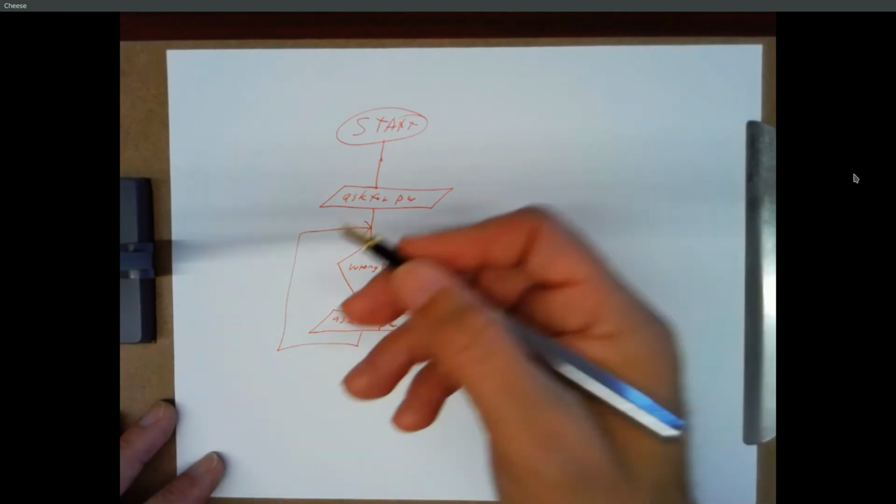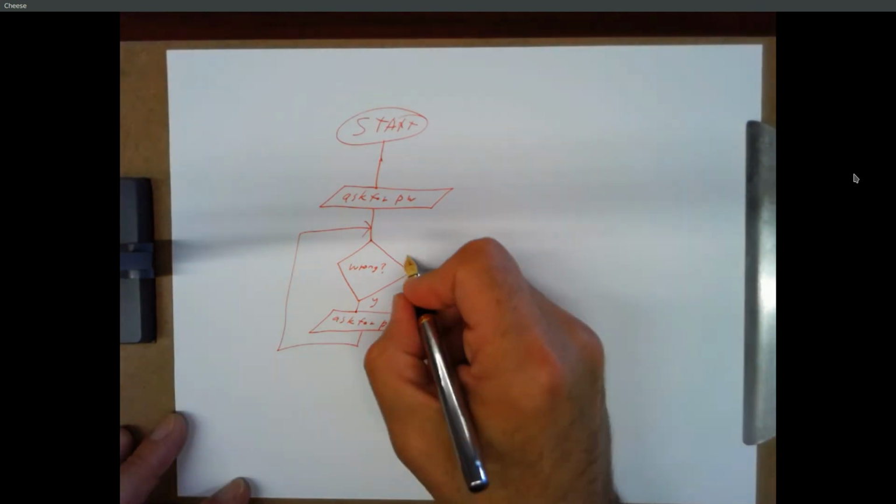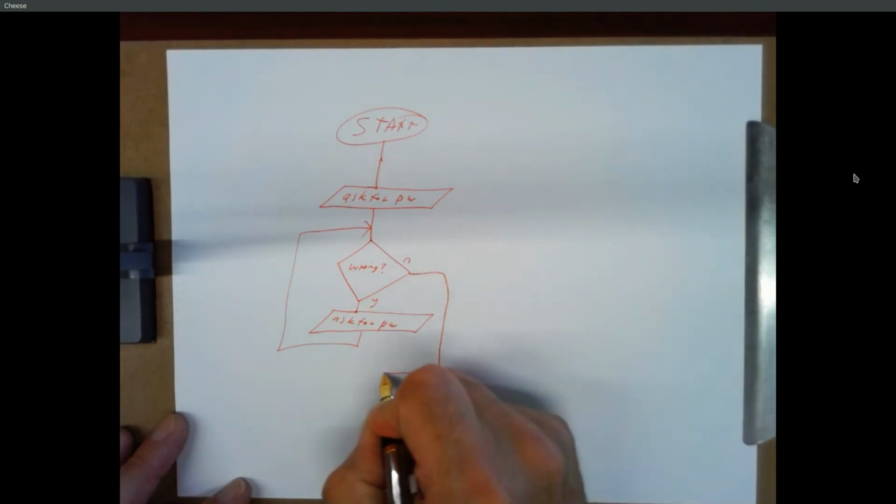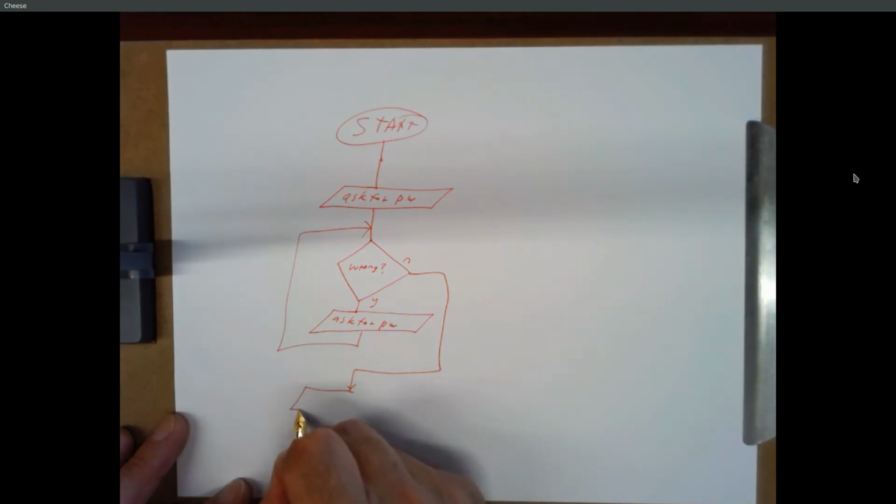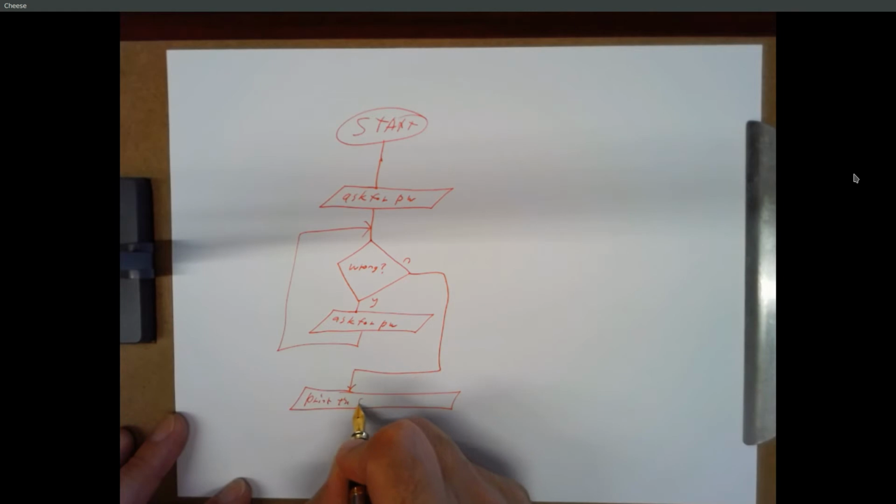And if it's wrong, I'm going to ask for the password again, and so on. If the password's not wrong, I'm going to come down here, and I'm going to print the secret message. And then we're done.